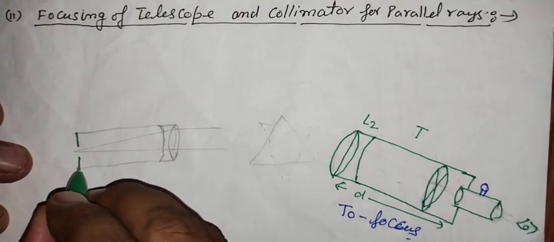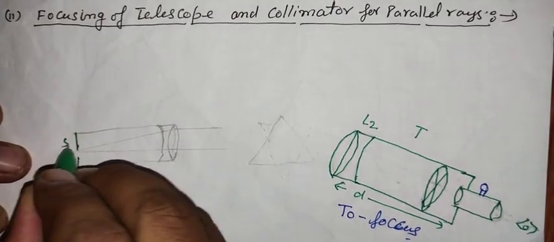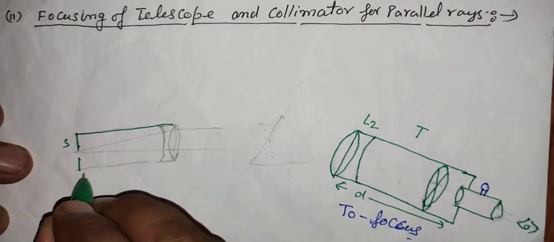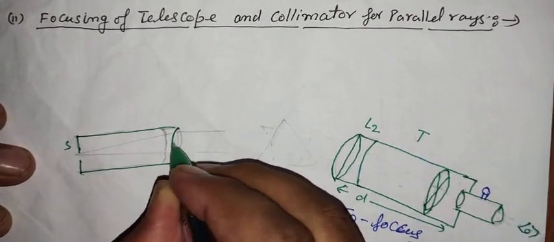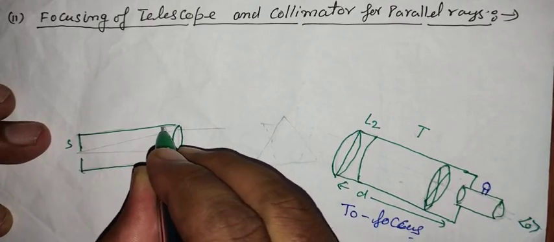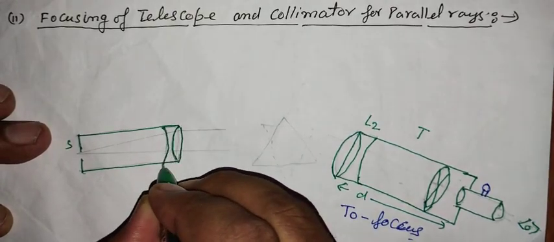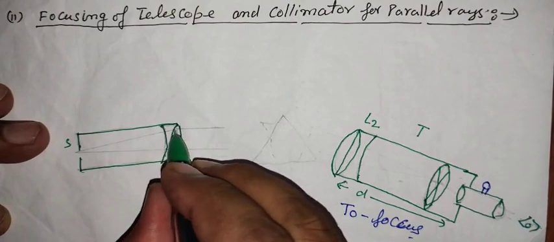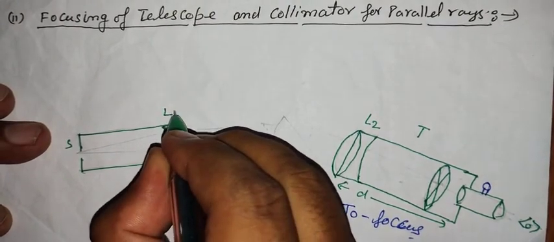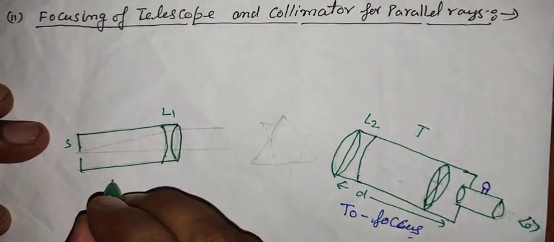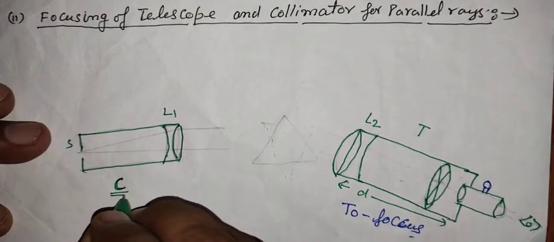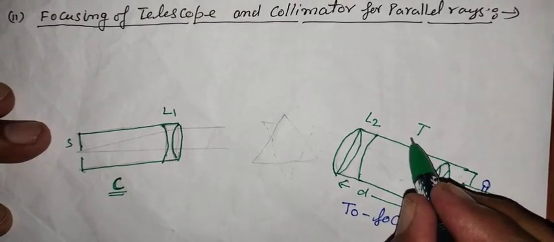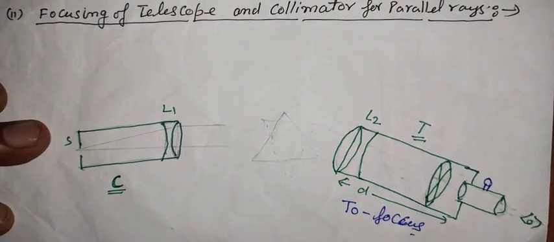See the collimator here. The slit is here in the tube, with the achromatic combination of lens L1. It is the collimator C. Collimator I am representing by C here, and the telescope is represented by T.